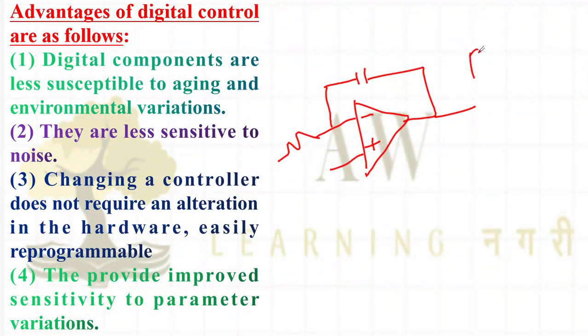But what is the issue with this? Once we have fixed the values of R and C, we cannot change them. If I want to change my controller, I have to change the R value and C value physically, which is not always possible. This is the drawback of the analog controller.